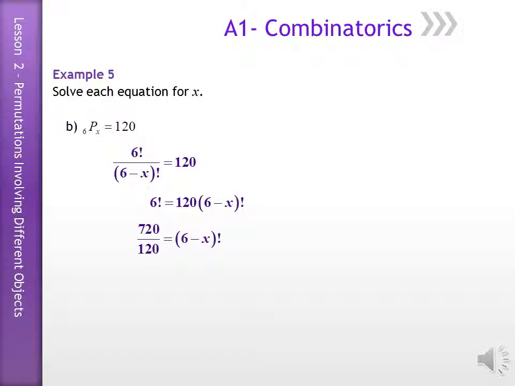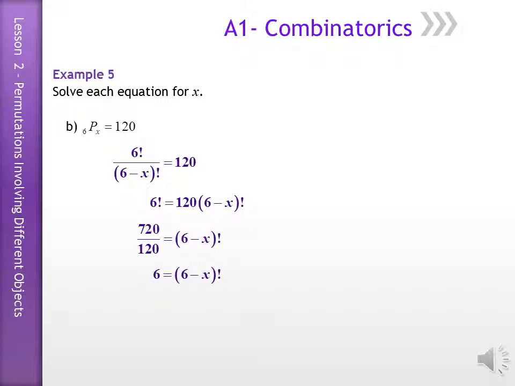So 6 now equals 6 minus x factorial. Now the real trick here is to get a factorial sign on both sides of the equal. And we do start recognizing these after a while, but you could always just start plugging in numbers in the calculator if you're unsure. But 6 is the same as 3 factorial.